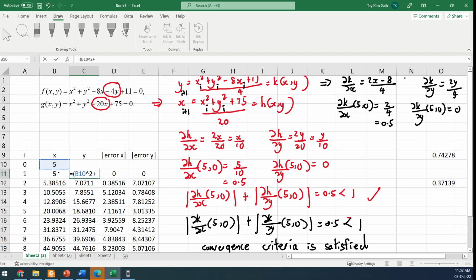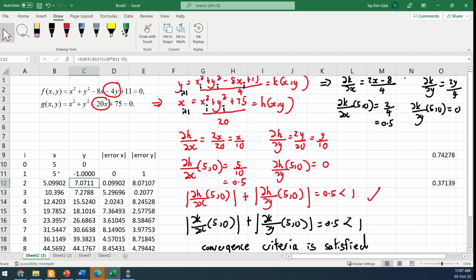Sometimes you cannot click, you type the location C10 power 2 minus 8 times x, where x is B10, plus 11. So close the bracket and then divide by 4. And then copy down the formula because we have a new formula.